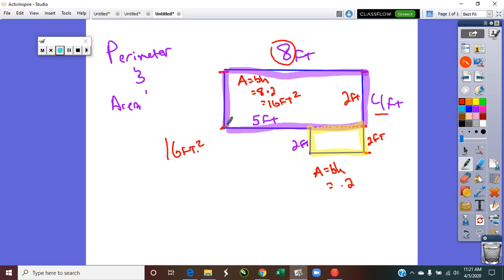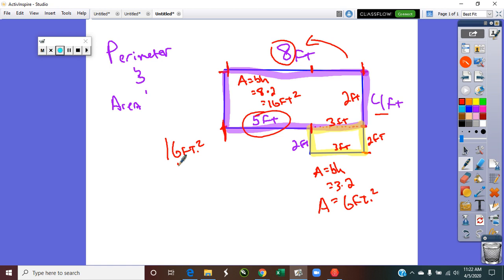Well, I know that from here to here is how long? 5 feet. And I know that from here to here is 8 feet. That means that if I go from here all the way to here and I've gone 5 feet, how much further would this be? That's right, 3 feet. Okay, so now I have a base here because in a rectangle, the top is going to be the same as the bottom, so this is also 3 feet. So if I multiply these, I have 6 feet squared.